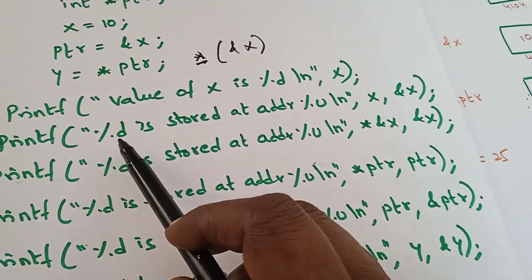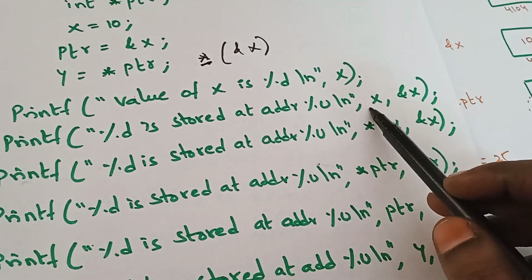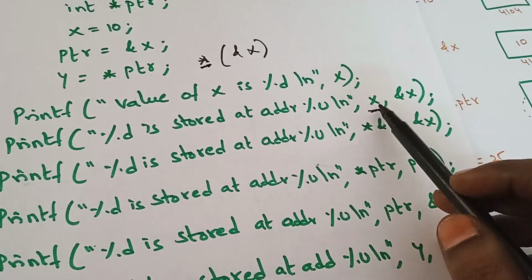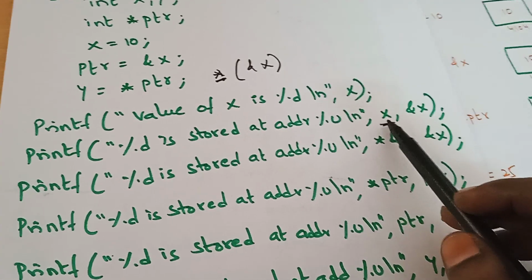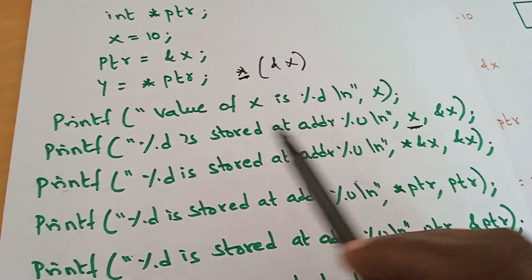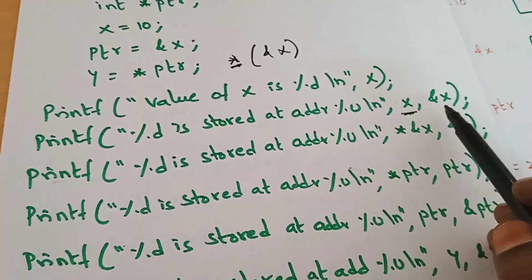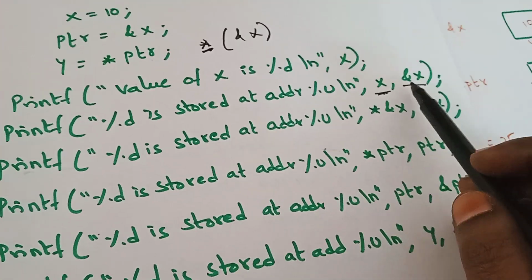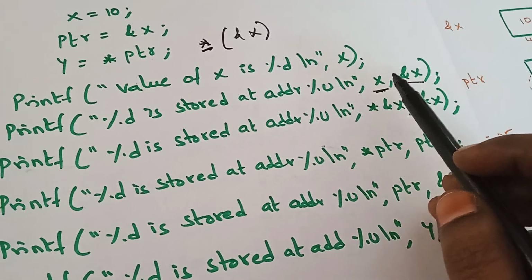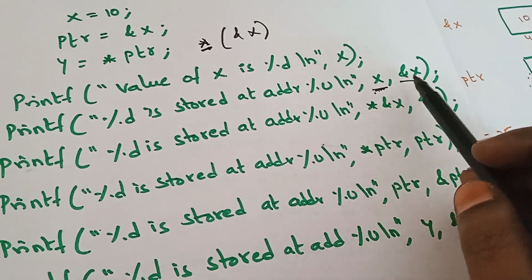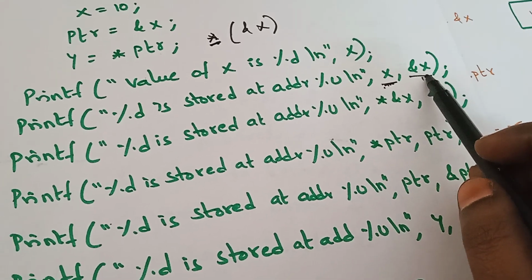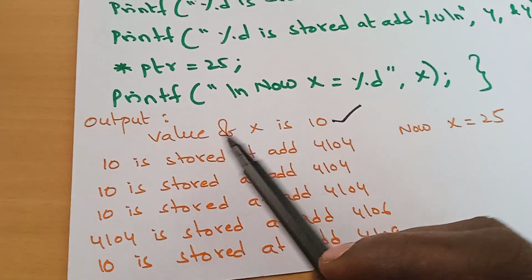The first access specifier will resemble the first input format. What is this? x. x is what? Integer, right? Now 10 is stored at address %u, &x. So what are we trying to do? We are trying to display the x value along with the location of x.